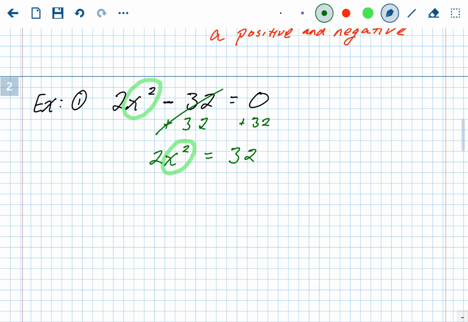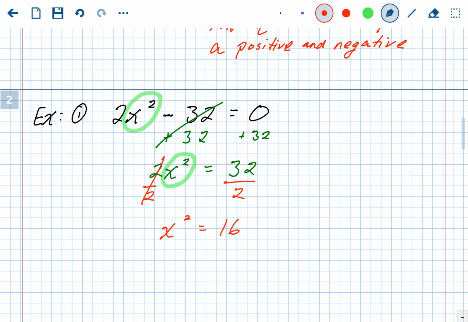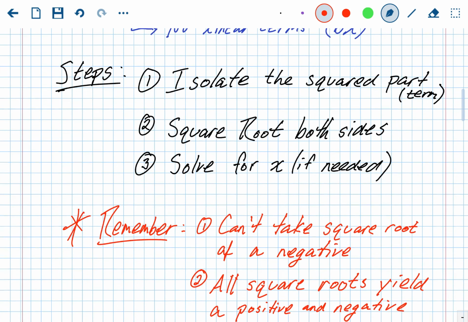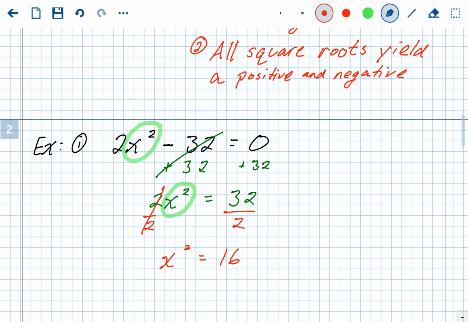So anything that's not that x squared part needs to go to the other side, which is the 2 out front. So 2 times x squared, so we divide by 2. And that leaves us with x squared equals 16. Okay. We've isolated the x squared part. Step 1 is done.